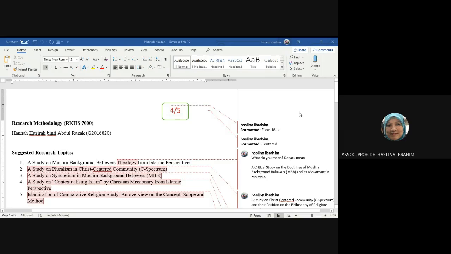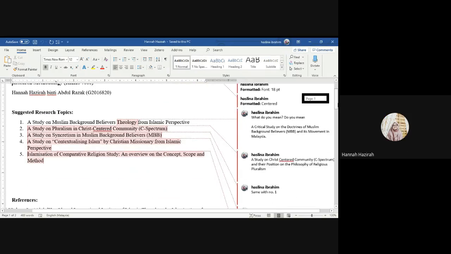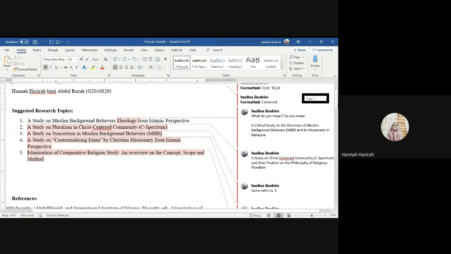Okay, Hana Hazira. Yes, madam. What do you mean? Okay, for example, this one is number, study on Muslim believers theology. Do you mean, a critical study on the doctrine of Muslim background believers? This Muslim background believers is an organisation, yeah. It is one of the C5, Muslim background believers, someone that is evangelized, categorized as Muslims that follow Jesus but still don't claim themselves as Christian.